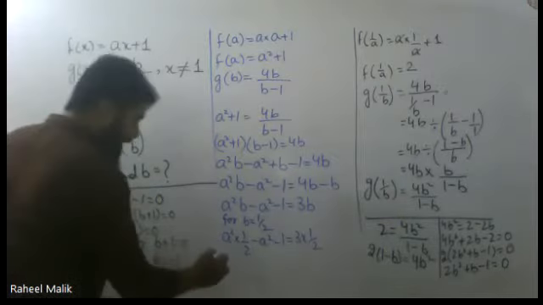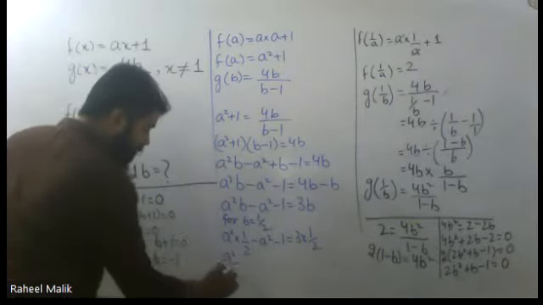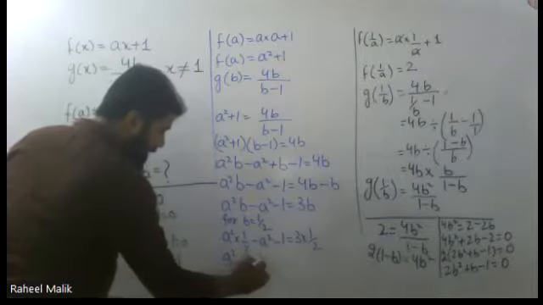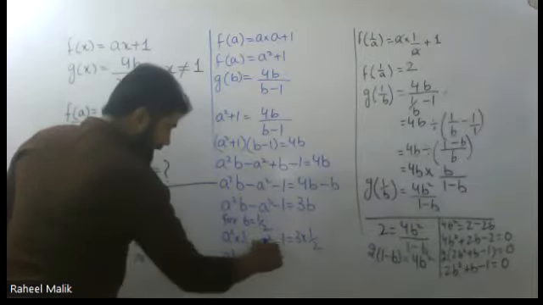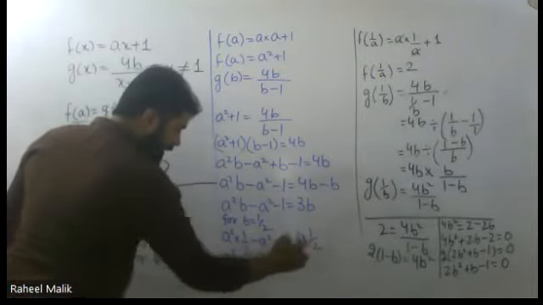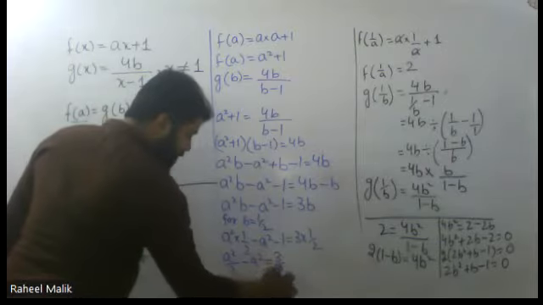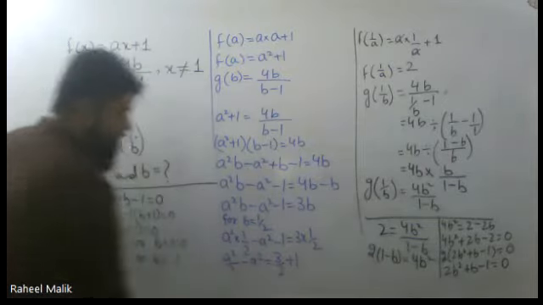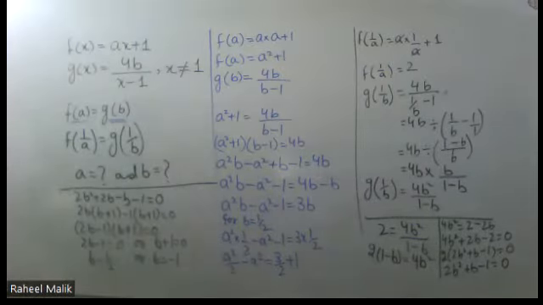A square over 2 minus a square minus 1 shifted over there. 3 into half will become 3 upon 2, plus 1.